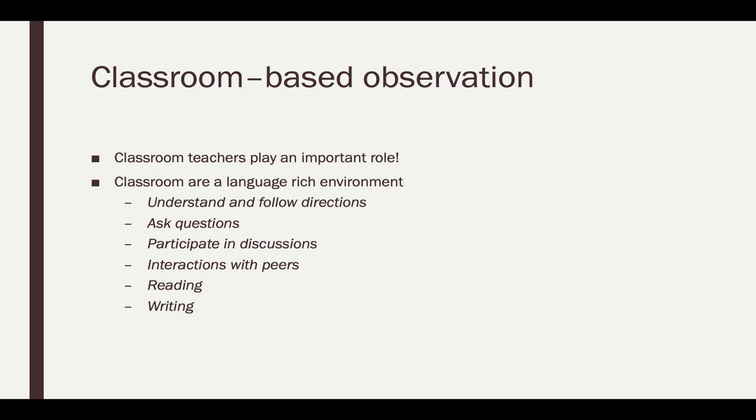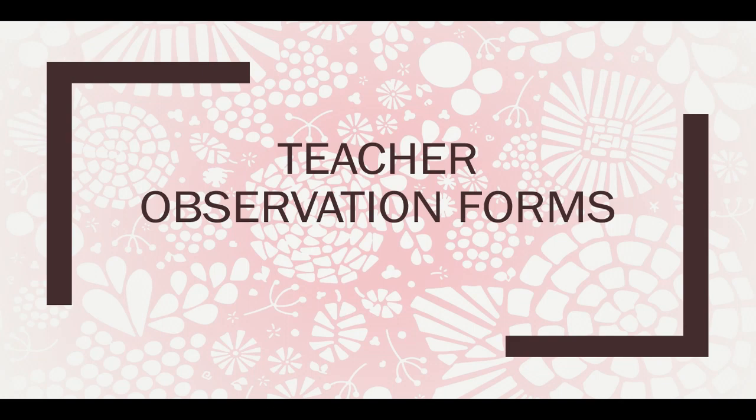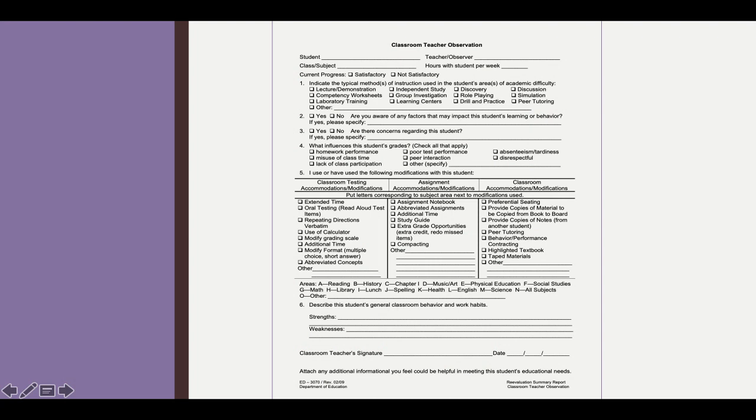Another thing we might have you do is fill out a teacher observation form, and you will get good at filling out different forms for different things for different kids. It's a guided form that asks you specific questions about different areas. Each district might have their own form, or each school might have a form they use, or it might be totally up to you or someone in your building to find something.